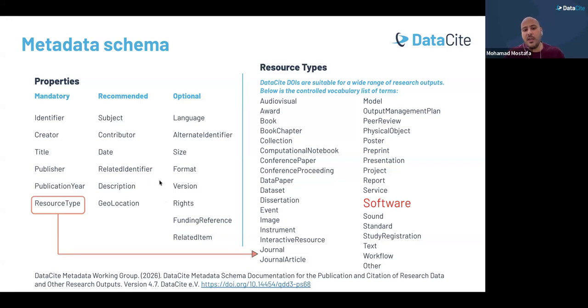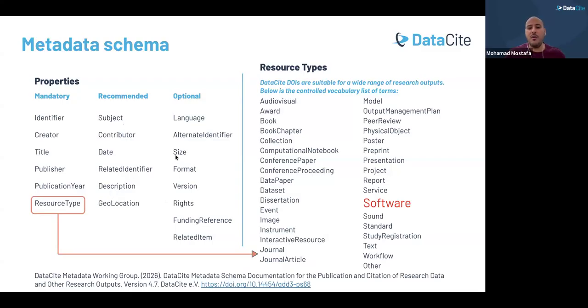As I highlighted in my earlier slide, we give members the opportunity to describe their outputs in a richer way through our metadata schema. So we have additional recommended fields, like the subject, any contributor, any additional dates, and any related identifiers. We'll see that more in my upcoming slides. Then there is a description or geo location.